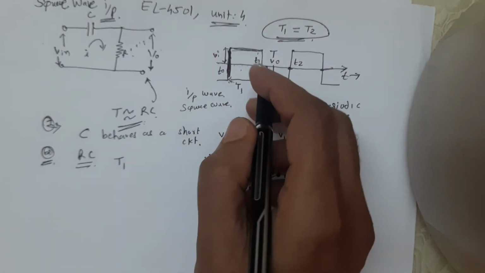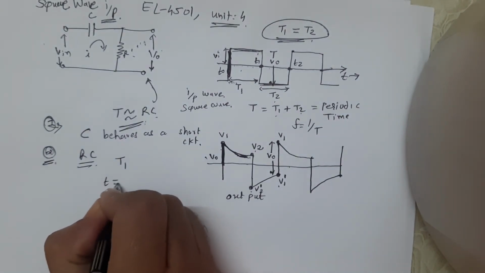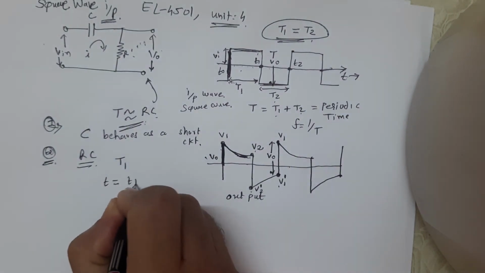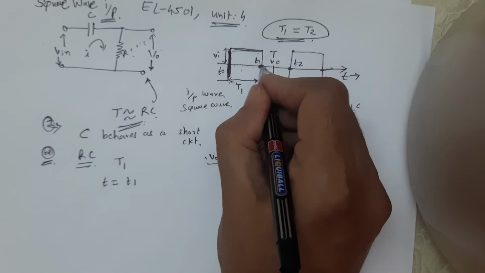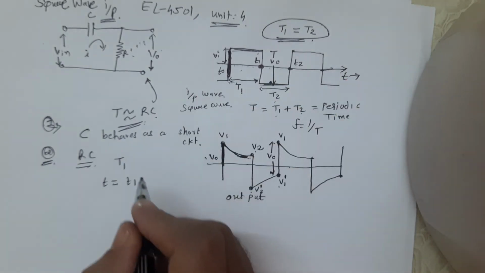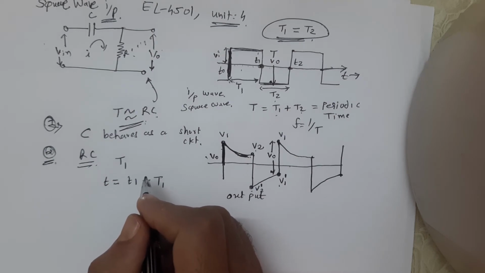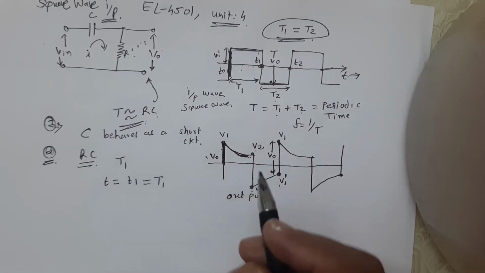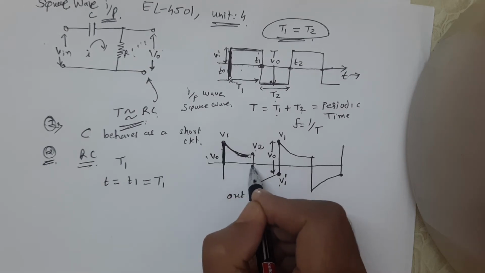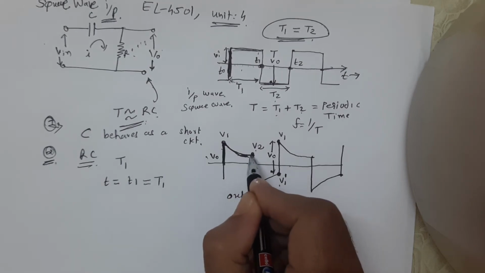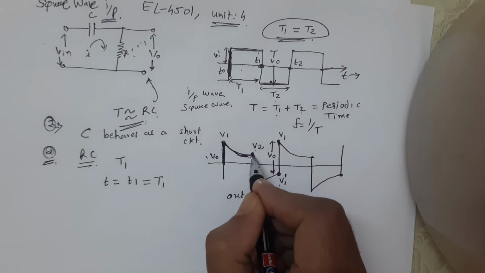So at time t equal to T1, the output voltage cannot approach the value of 0. The output is not 0, but it is some value, and it is at V2.